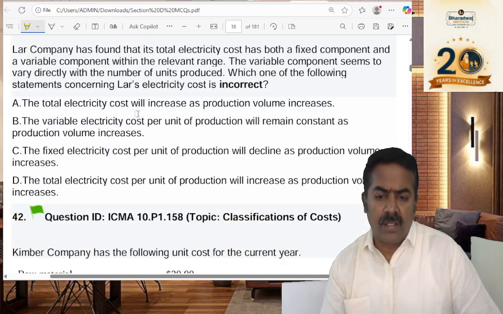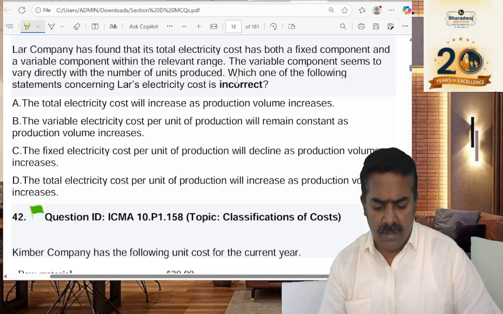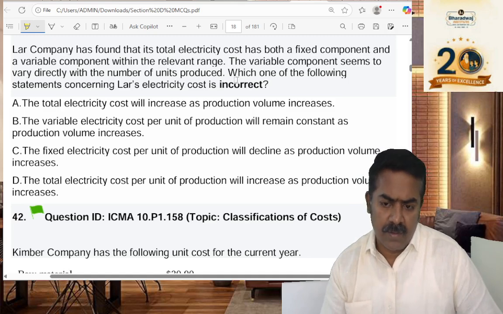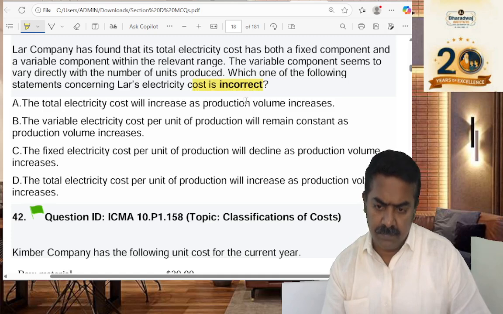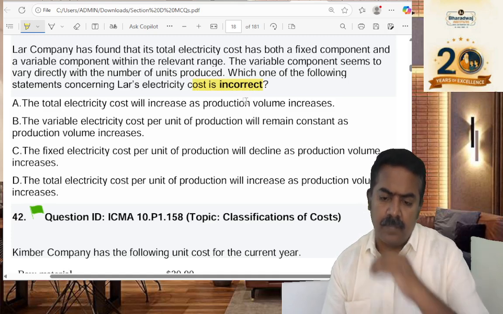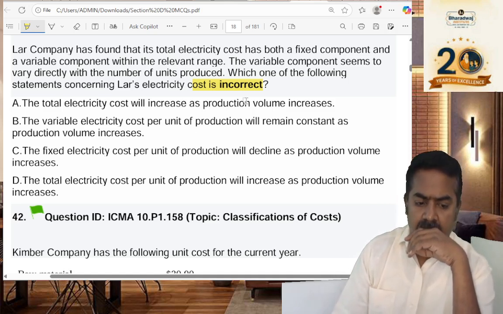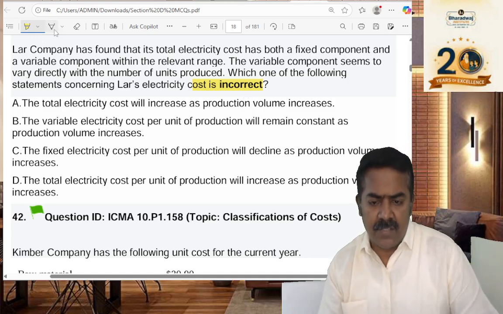Next. A company has found the total electricity cost has both fixed and variable cost components. What is given next? Read through. Variable seems to vary with the number of units produced. Which of the following is incorrect? Total electricity cost will increase.